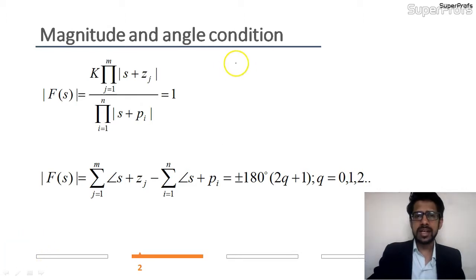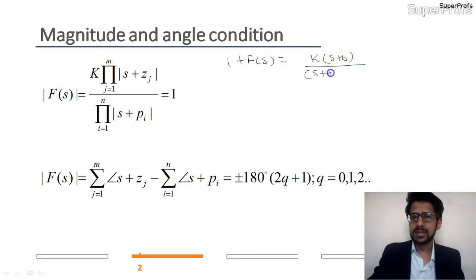Let us take an example where we have 1 plus f of s equal to, say, k upon k into s plus b upon s plus a1 and s plus b1, plus 1. So we have f of s equal to this particular expression.